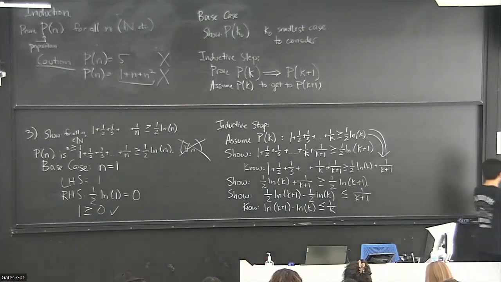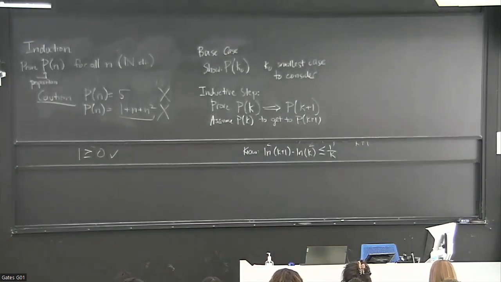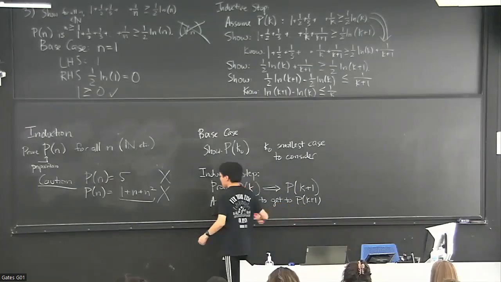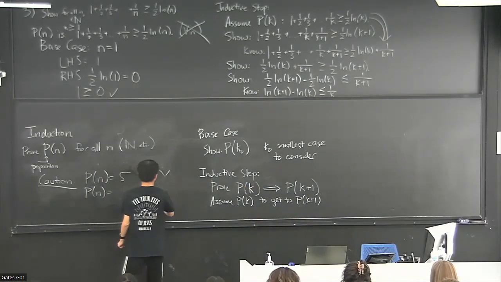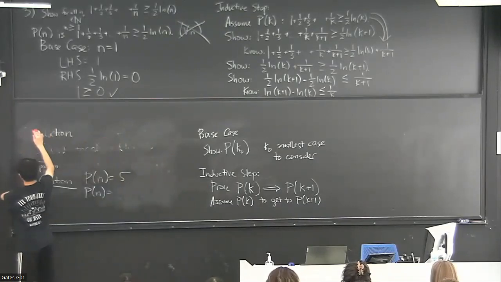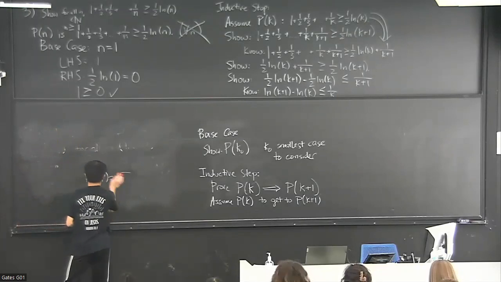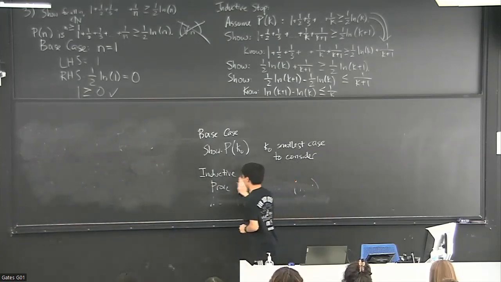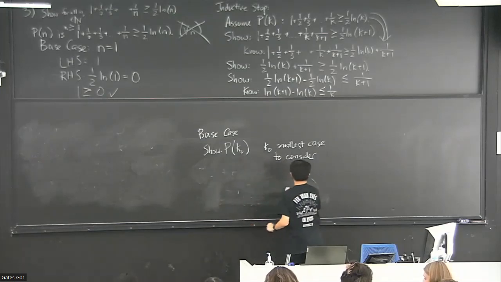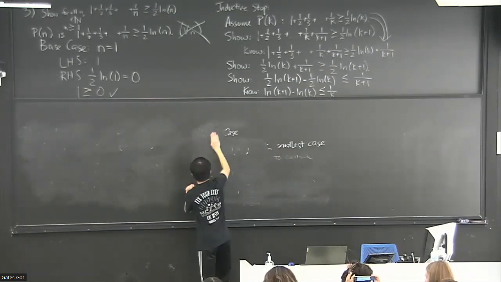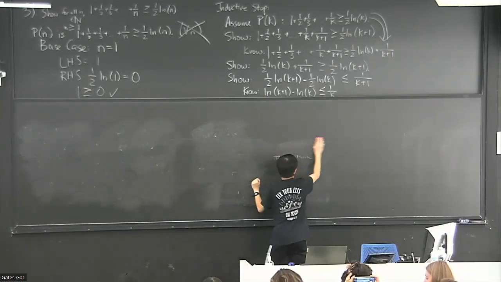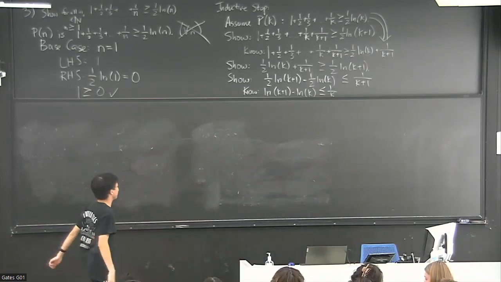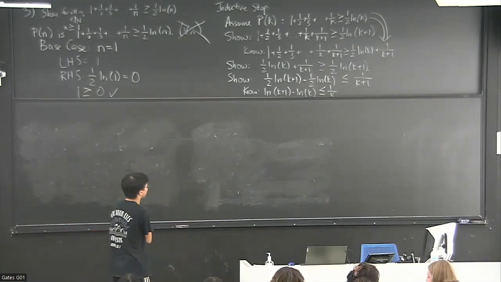So this board... I look up here, I already know that ln(k+1) - ln(k) is less than or equal to 1/k. So can I do it?